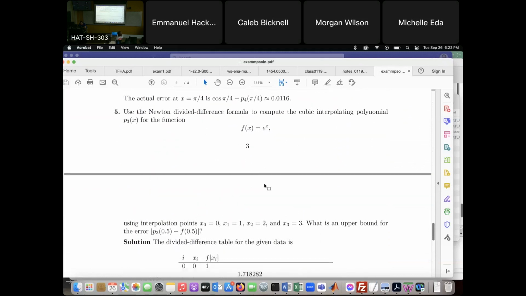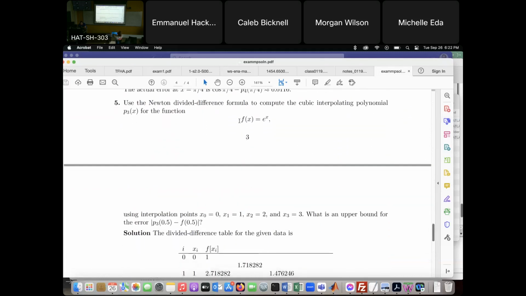Okay, so one of the questions is, here's a function, e to the x, and you come up with a third degree Newton interpolating polynomial where these 4 interpolation points, the x values, are specified. So then the y values would just be f evaluated at the x values.